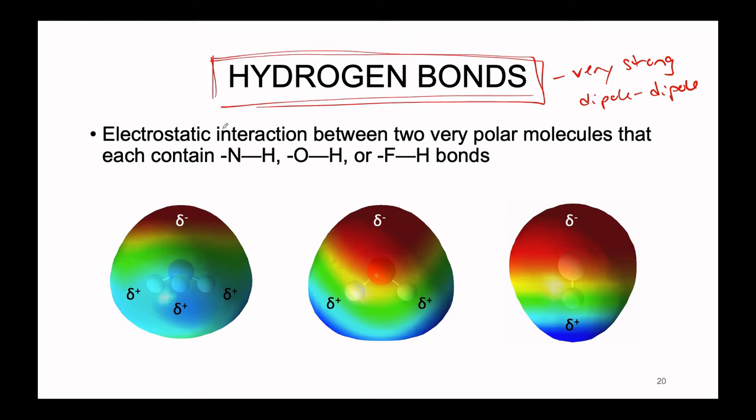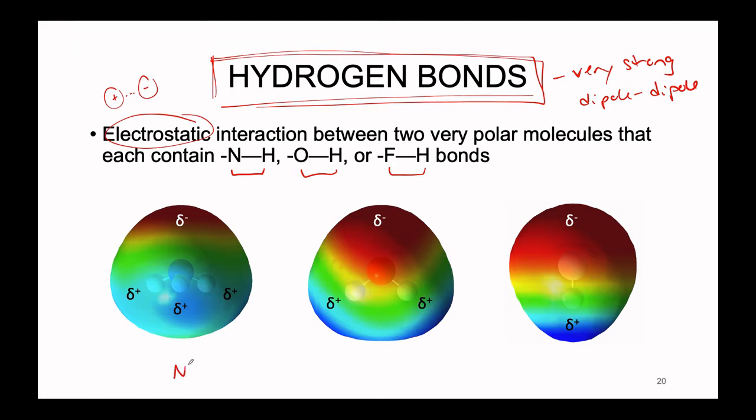A hydrogen bond, by definition, is another type of electrostatic interaction, so we have positives and negatives attracting one another. These positives and negatives, though, are very special because they arise from two very polar molecules that are each going to contain some kind of nitrogen to hydrogen, oxygen to hydrogen, or fluorine to hydrogen bond.